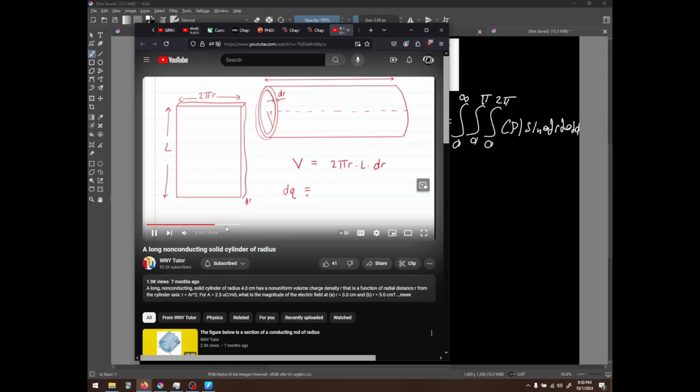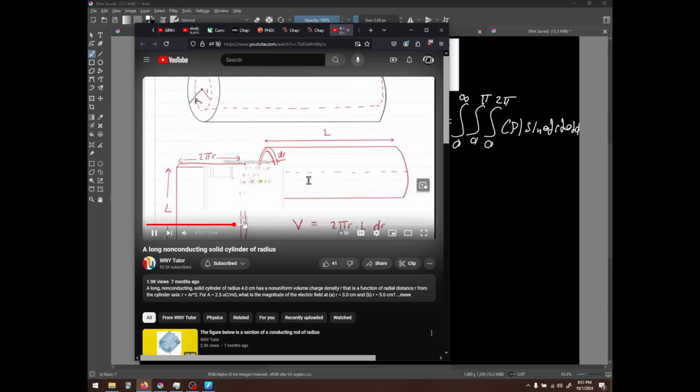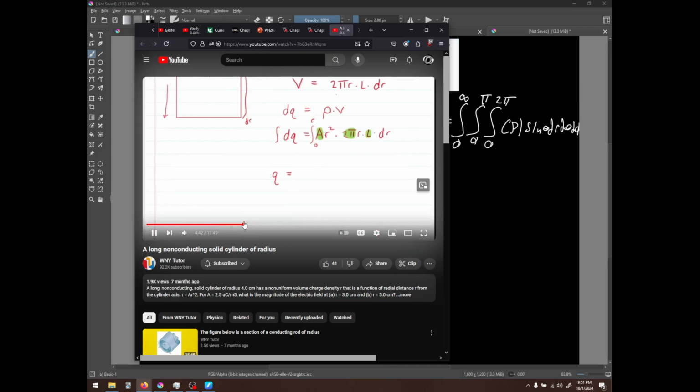Remember that we're looking at the amount of charge, and now that charge is only the charge density times the volume. More and more of those. Take those out. And inside of r squared r.